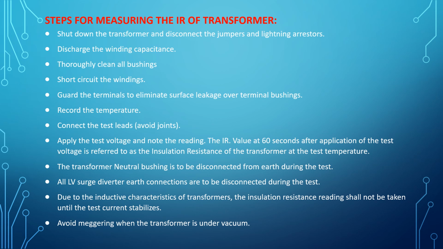You can see here, apply test voltage for 60 seconds. Transformer neutral bushing, LV source diverter, and earth connections are to be disconnected. So this is how, prior to starting all your testing, these are the steps to do your measuring.